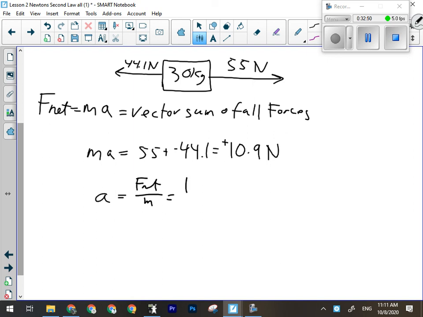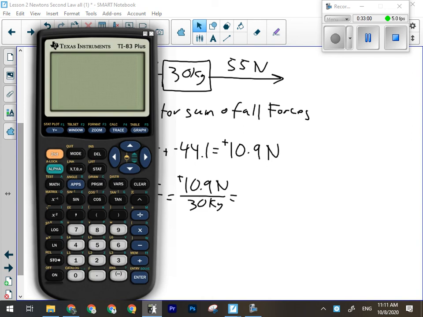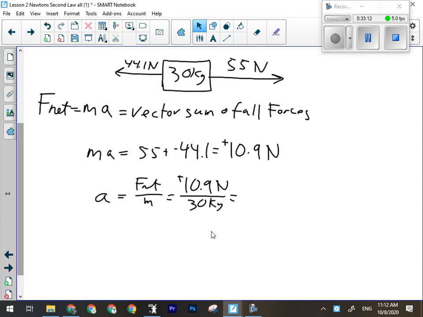So that's going to be 10.9 newtons divided by 30 kilograms. So the acceleration of these blocks is 0.36 meters per second squared forward.